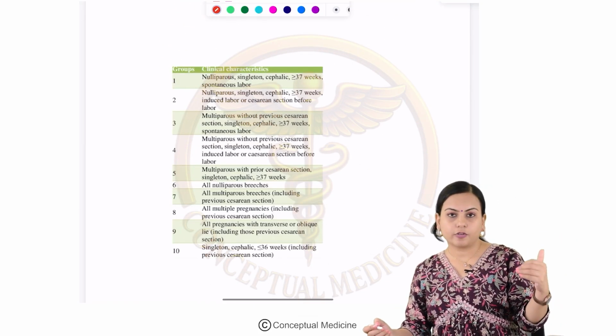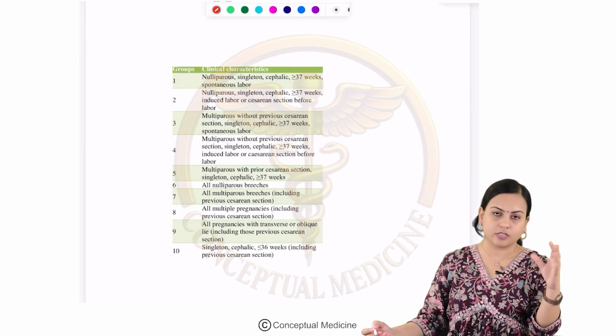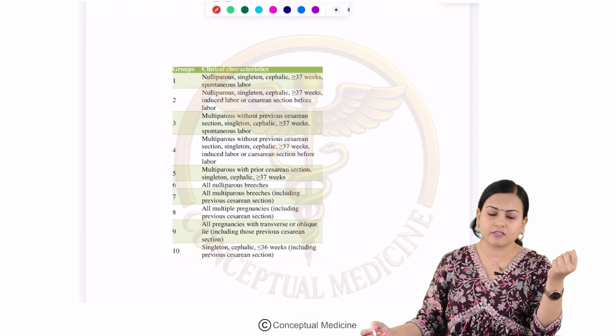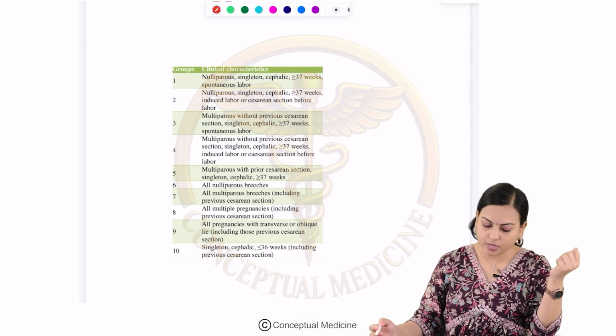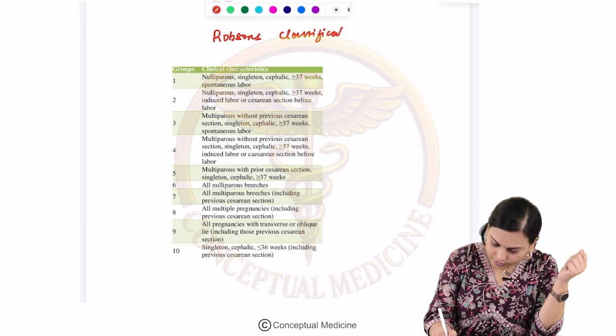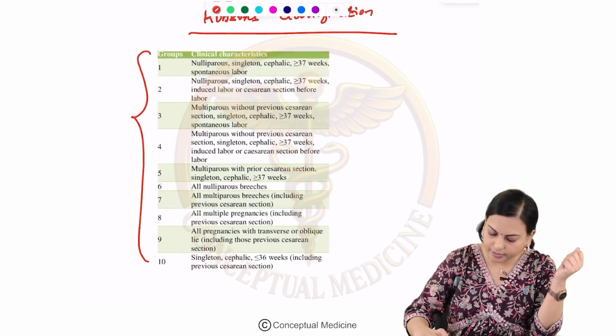I wanted you to know about Robson classification also, which is a classification of Cesarean section based upon the parity, the presentation of the fetus, the gestational age, etc. In Robson's classification, we have 10 groups according to clinical characteristics.